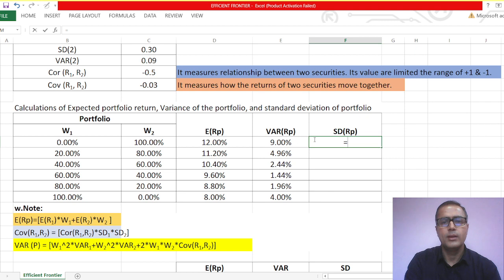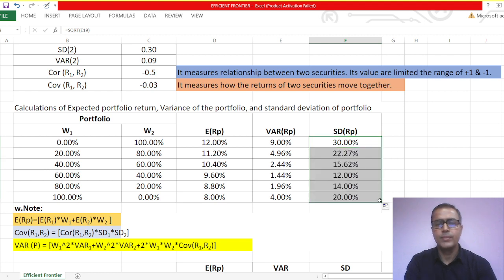That is SQRT, the square root function in Excel. This is the 30%. Then again we could drag it. This way we could find our expected returns with the different combinations of portfolio in 1 and 2, and we could estimate the variance and the standard deviations, right?